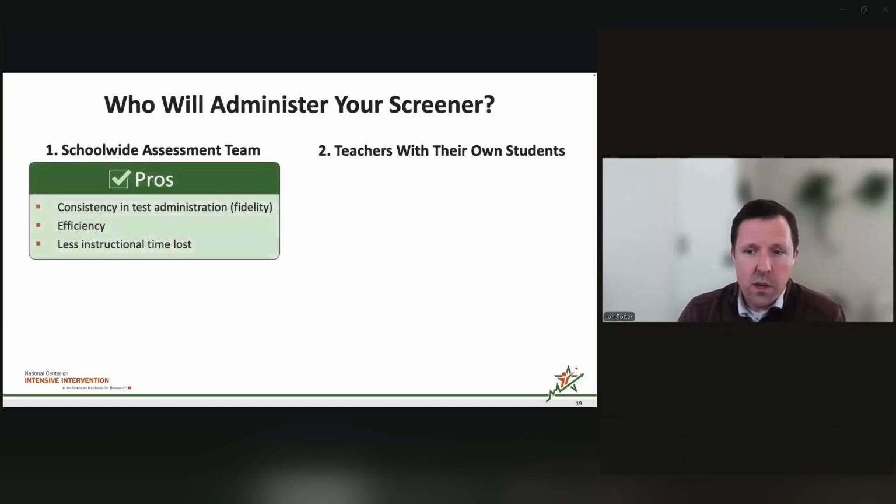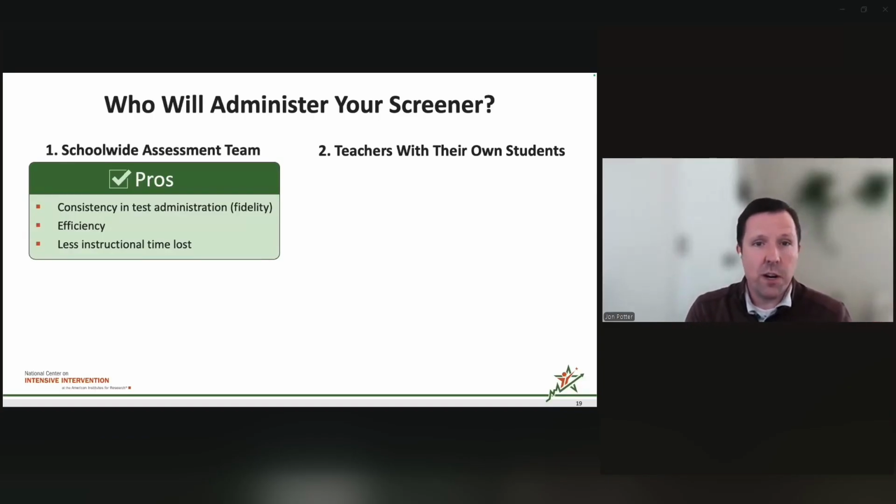The first and foremost pro is that the fewer people you have assessing, the higher the likelihood that you're going to have consistent administration, so fidelity of data. For example, if I train 5 to 10 people to collect data across my school, I can tightly control that training to make sure that all of them are giving it in a very consistent way from class to class, from benchmark period to benchmark.